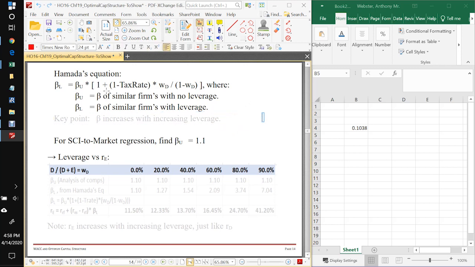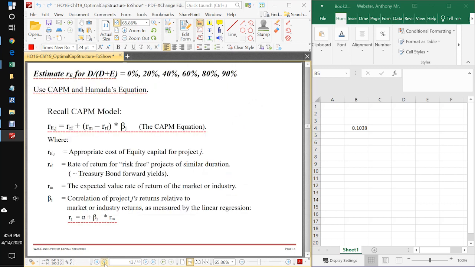For each of these levels of leverage, we're going to use the CAPM equation to estimate the equity cost of capital, and we're going to use Hamada's equation to keep estimating beta for 0% leverage, 20% leverage, 40% leverage, 60% leverage.